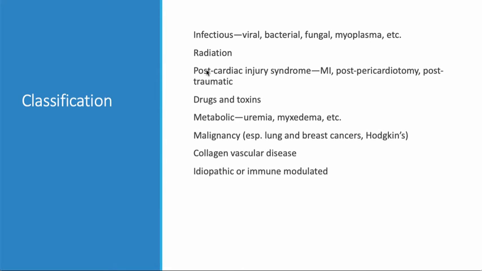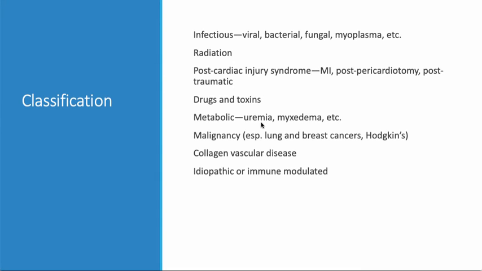We often see it after cardiac injury, frequently after post-pericardiotomy, where you have median sternotomy incision to do heart surgery, for instance. Those patients often develop, not often, I mean, it's still rare, but we're never surprised when somebody develops pericarditis after pericardiotomy. Drugs and toxins can do it.